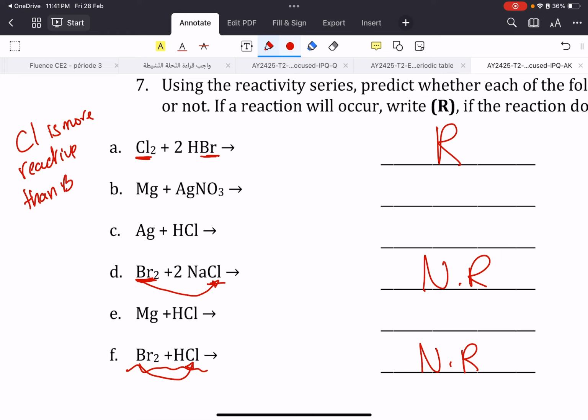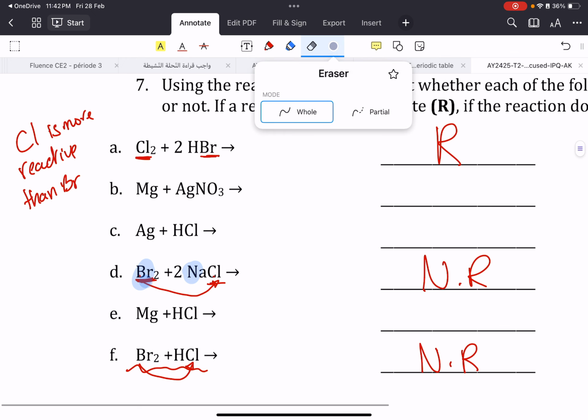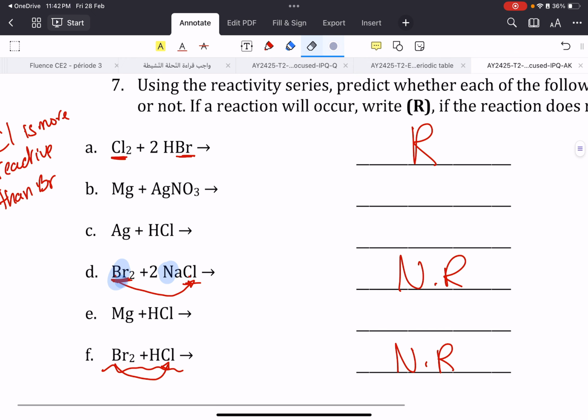You are probably wondering why I chose to check Br and Cl and not Br and Na. I cannot do a replacement of a non-metal and compare it to a metal. So here, Br is a non-metal.